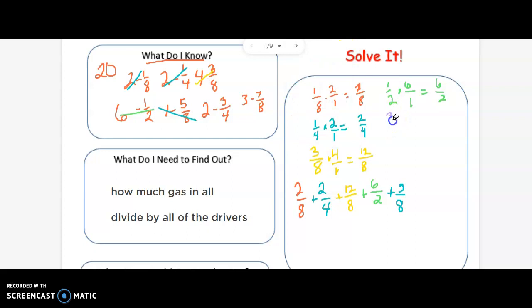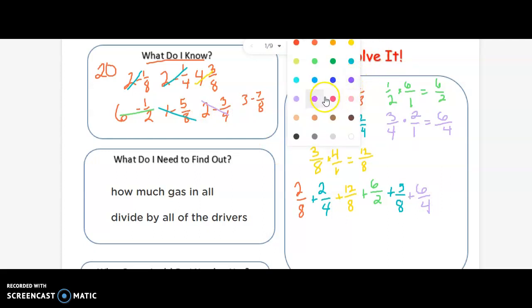Then I had 2 of 3/4. So I'm going to do 3/4 times 2, which is 2/1. That's going to give me 2 times 3 is 6, 4 times 1 is 4. That goes down here, 6/4. I've got a lot I'm adding, huh? I mark that off. And then my last one, I have 3 of 7/8.